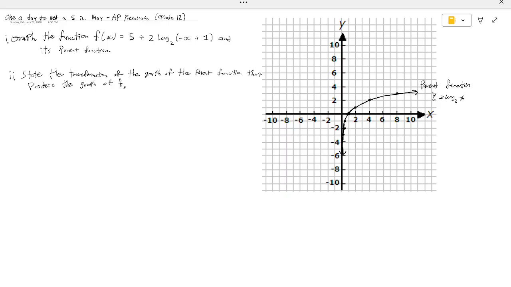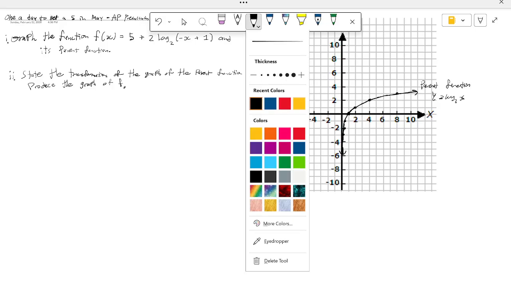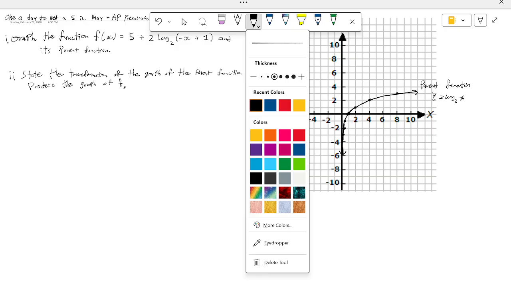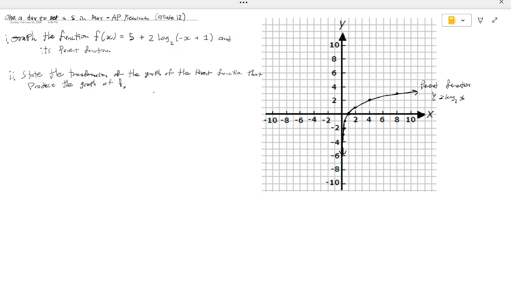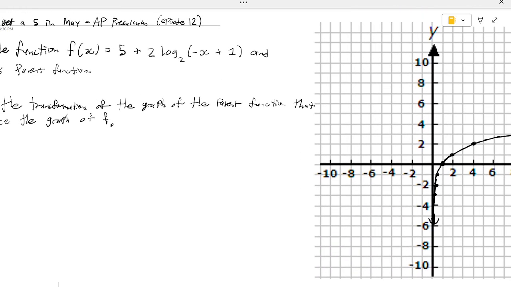Now what I'm going to do is switch my highlighter to a different color. Or actually, first, let's look at the inside of this function. If you notice, we have negative x plus 1. What we want is to change this to some factor that is multiplying the whole inside, because from that we can get the horizontal dilation or reflection, but we need to be multiplying the whole inside.